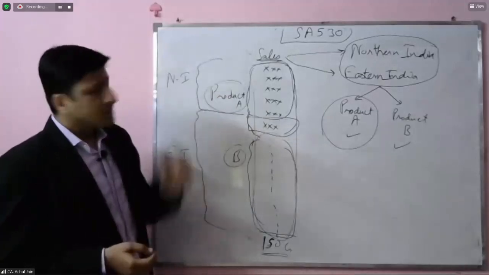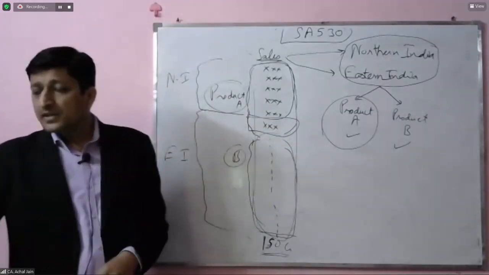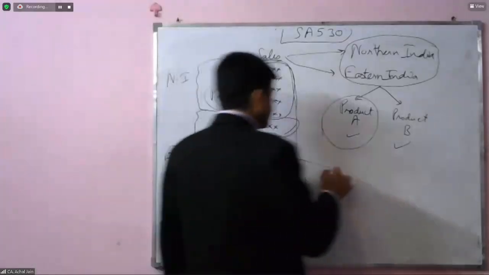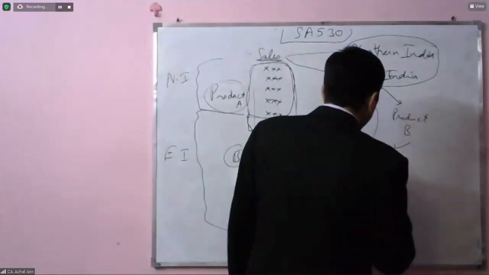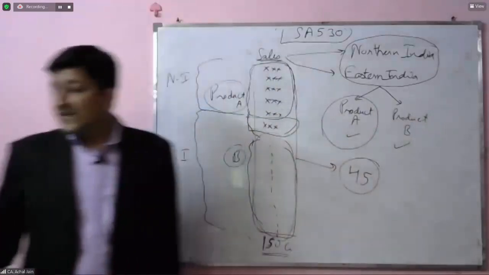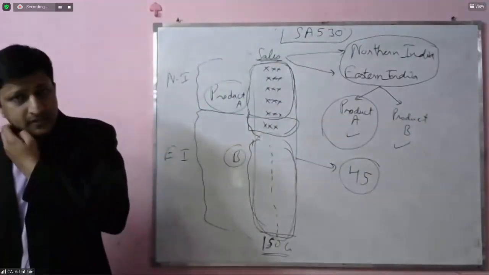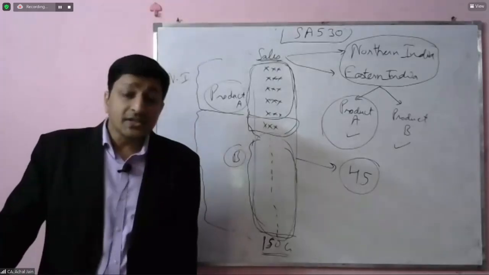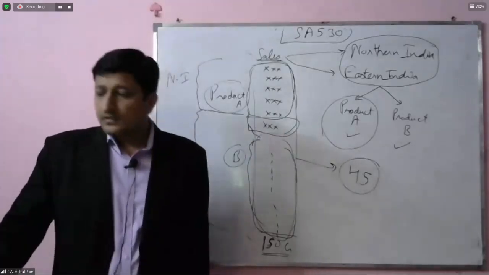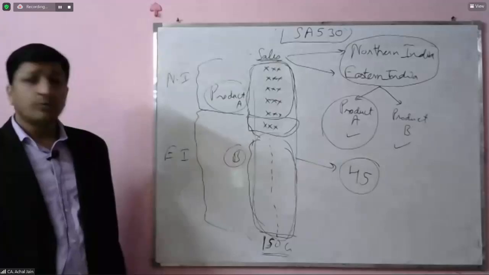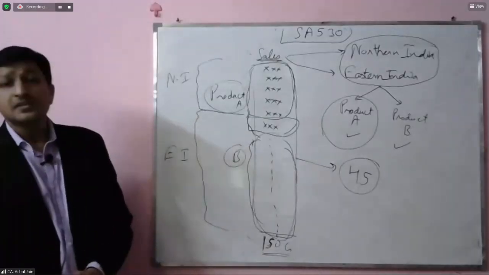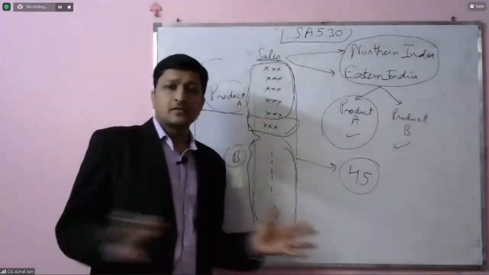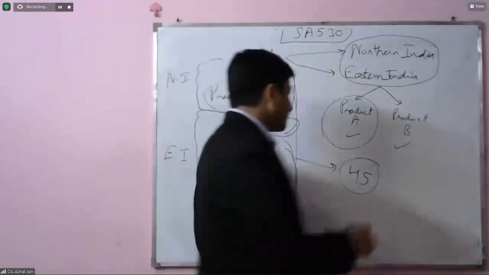Now let's suppose the auditor has selected a sample of 45 over here. 45 means 45 sales transactions have been tested. Now when the transactions have been tested, let's suppose all of them happen to be error-free, all the samples which have been tested are all fine. So there are no misstatements, no errors.